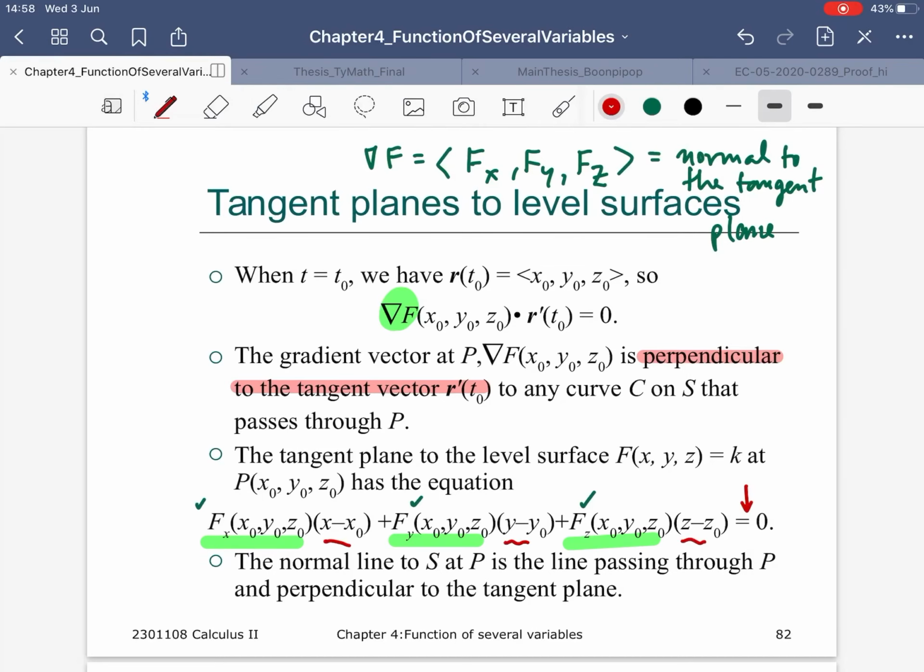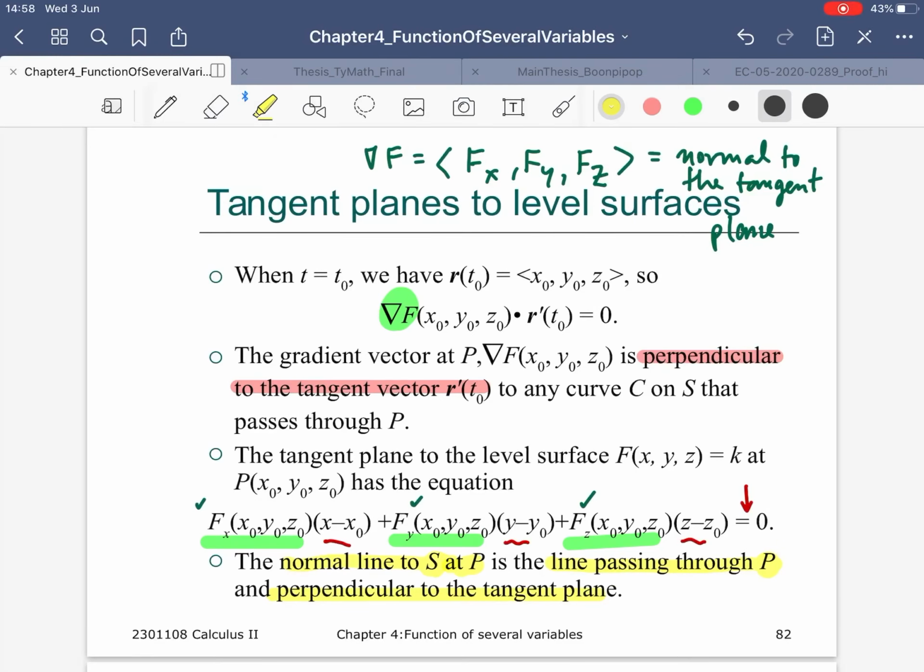Another thing that you need to know is the so-called normal line. A normal line to S at P is simply a straight line that passes through that point P and is perpendicular to the tangent plane. So what does this mean?